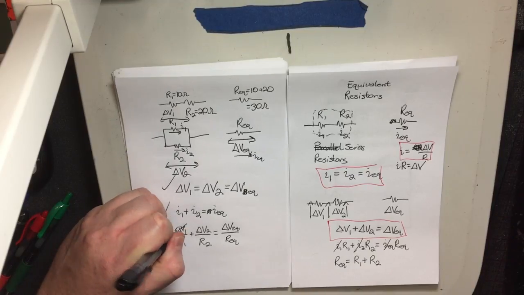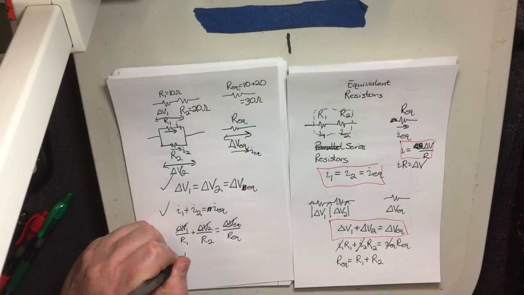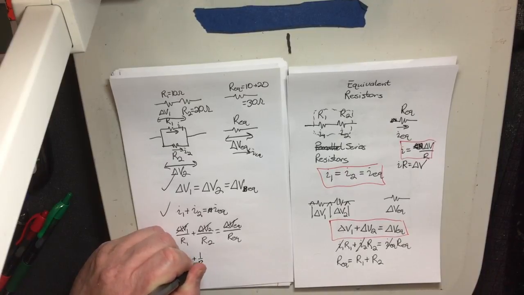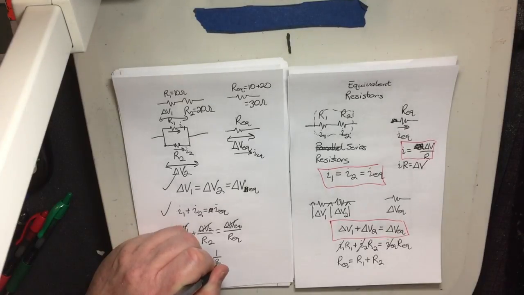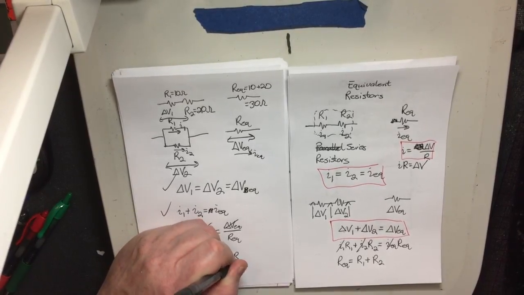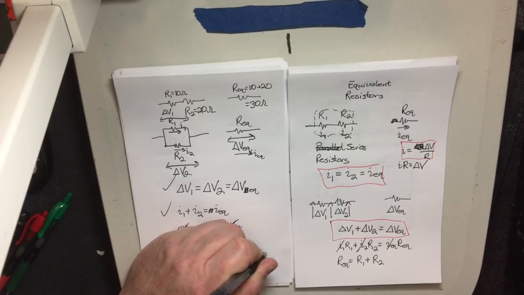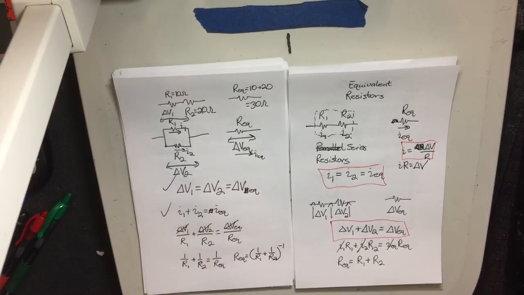And we know that those are all equal, so we could divide them out. So this leaves us with 1 over R1, 1 over R2, 1 over R equivalent, or you could say R equivalent is this.